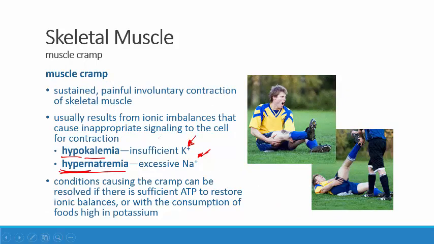So with sufficient ATP restored to the muscle, we can see that that can help to restore these ionic balances, getting the potassium and the sodium to the appropriate sides of the cell membrane with enough ATP to be able to pump. What we have to turn on is the sodium-potassium pump using ATP.